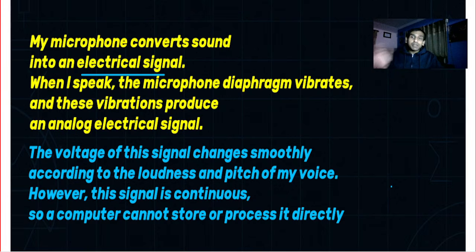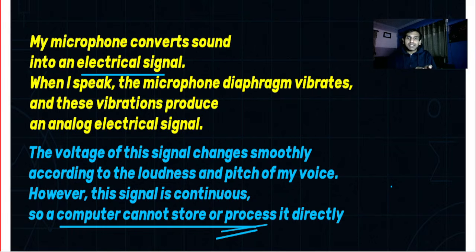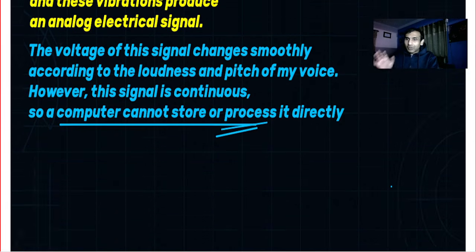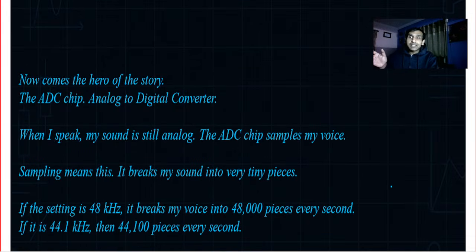Now the problem is these signals are continuous and very smooth, and we can never, according to the current technology, store this in a computer or process or manipulate this. So there is a hero in the story, that is the ADC chip, analog to digital converter chip.